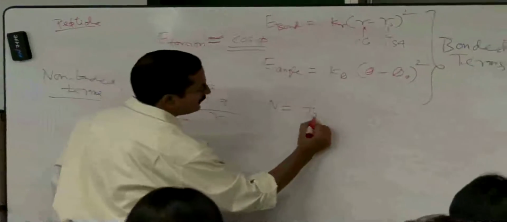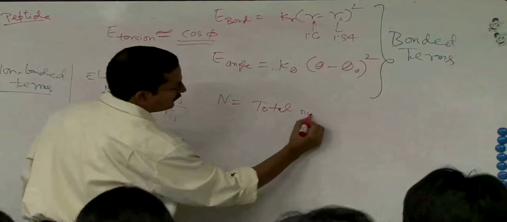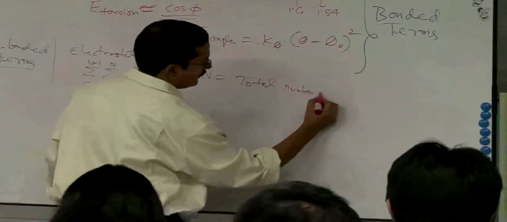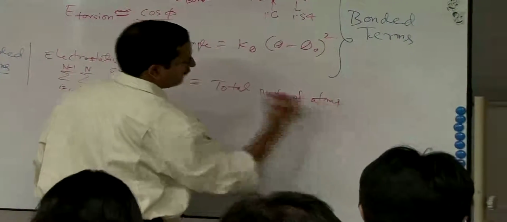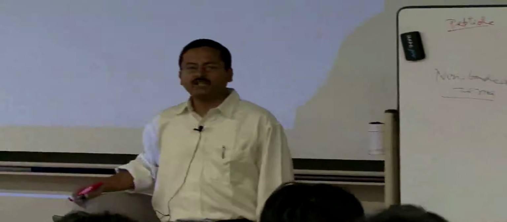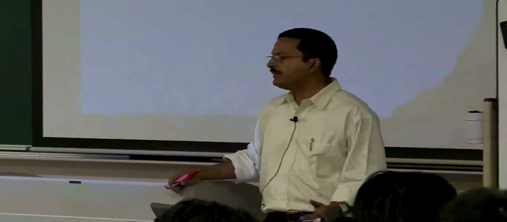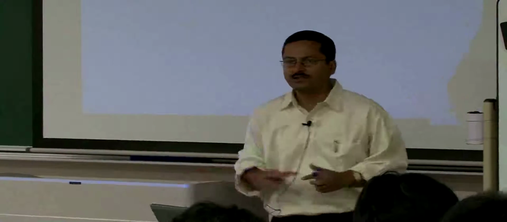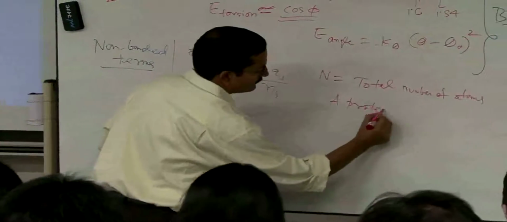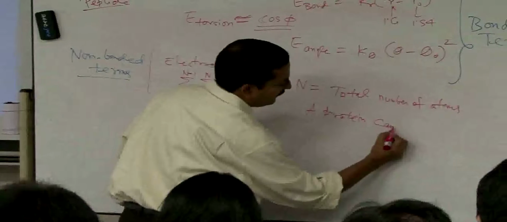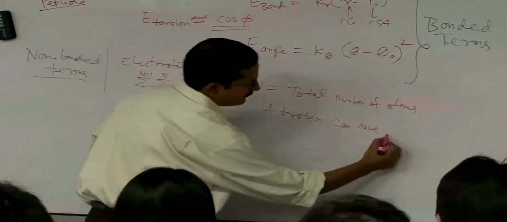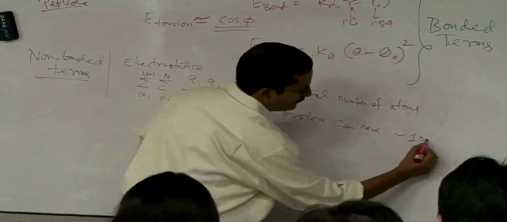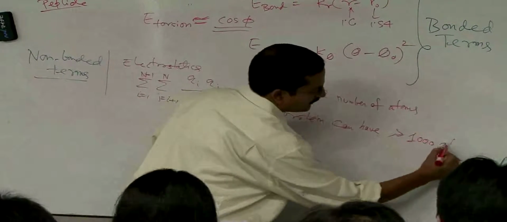And what is n? N is the total number of atoms. A typical protein has many atoms, in the order of 1000 or more.